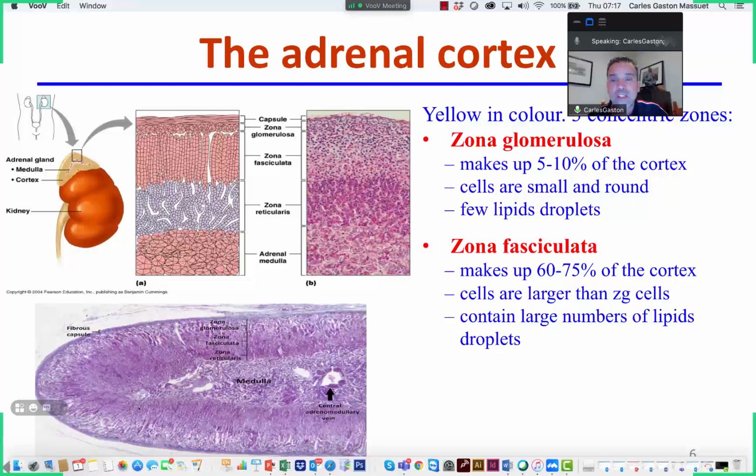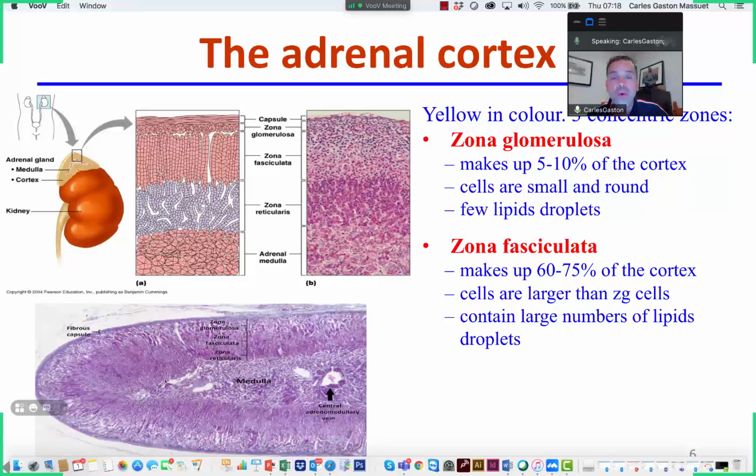Then there are small cells of zona glomerulosa, and then zona fasciculata. What you can see is that it's formed of these fibers which are elongated. Also the zona reticularis, which forms a reticulum. And just below, there are the cells packed that form the adrenal medulla. That's what we studied yesterday.